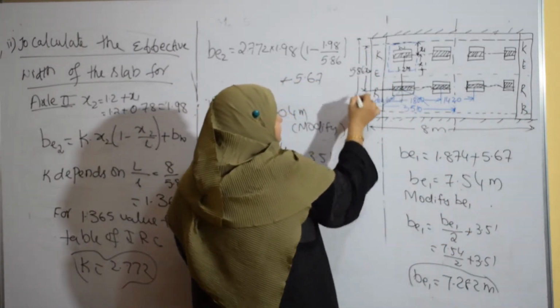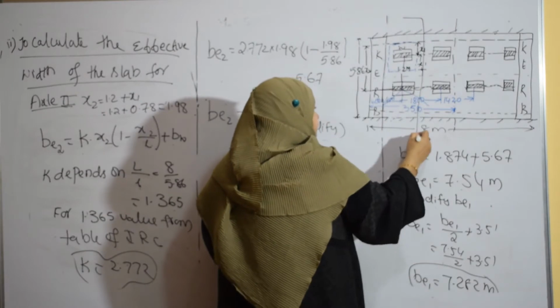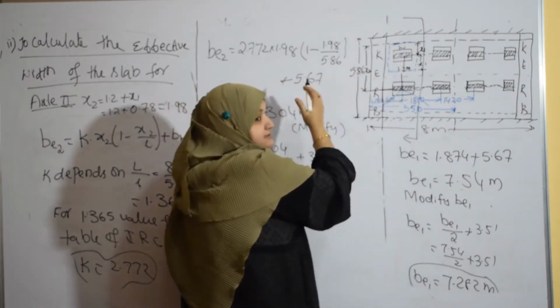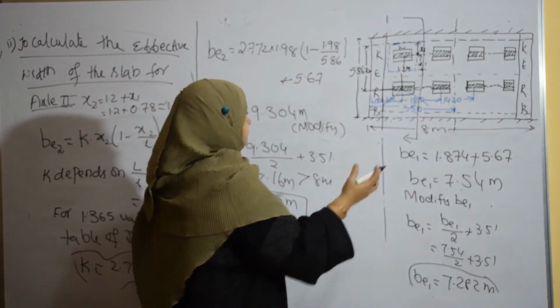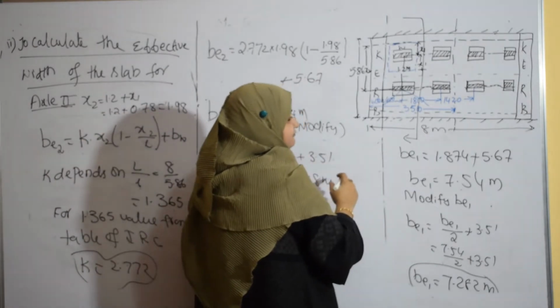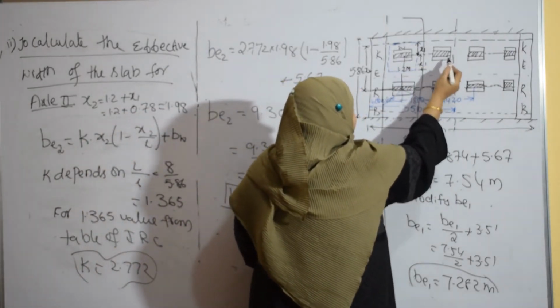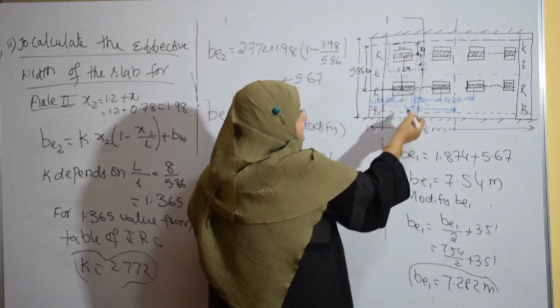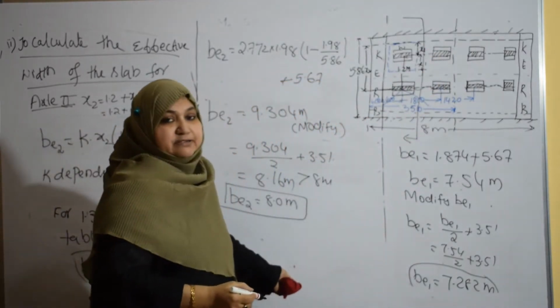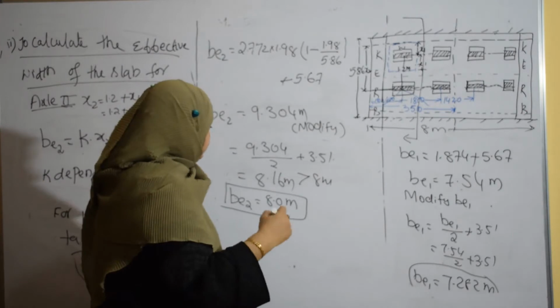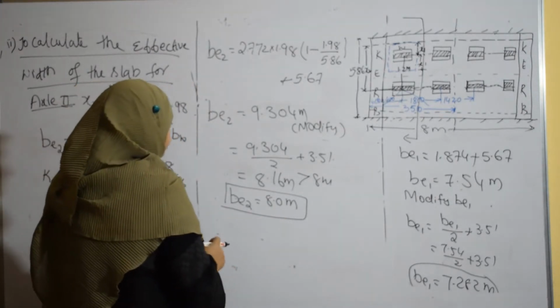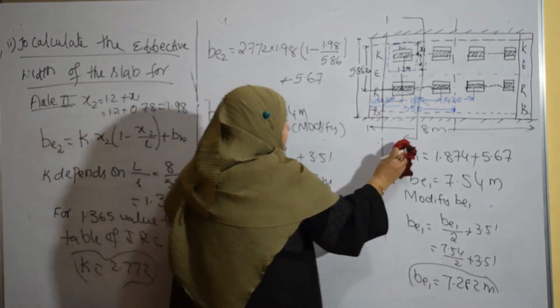If I take the cross section like this, I will get the cross section of the deck slab. Two axials are there with these x1 and x2 distances and BE1 and BE2 effective widths. That figure we are supposed to draw now. Okay, so now I'll just stop this part.